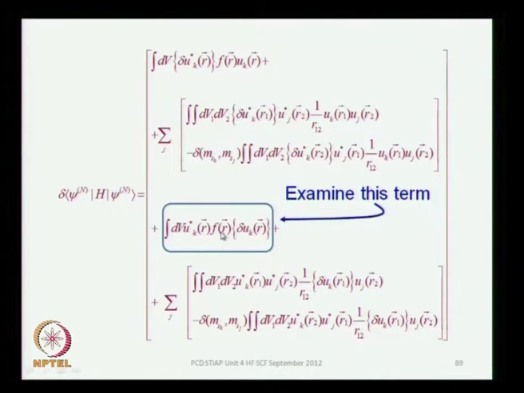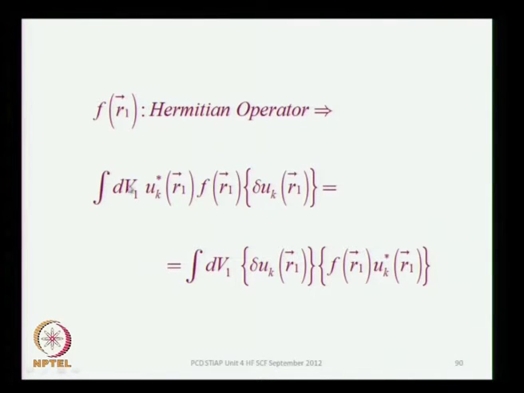What do you know about the operator f? This is the single particle operator. It is a Hermitian operator. So, this is the term, and this being a Hermitian operator, this integral is completely equivalent to the integral which is written here at the bottom, from which the delta u k r1 is a factor which had appeared in the earlier terms as well.